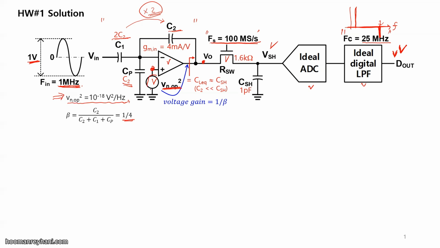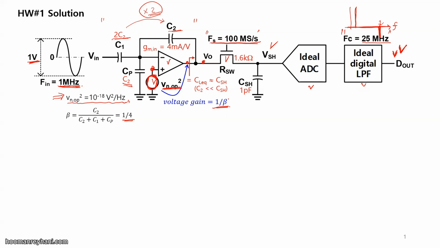So the gain from here to here, if we think it is just a signal, then the voltage gain will be 1 over beta. So the power gain will be 1 over beta square, right? That's what we already know.